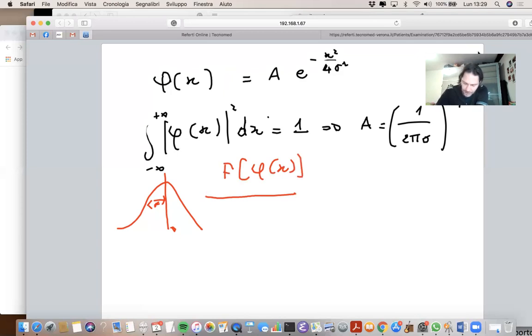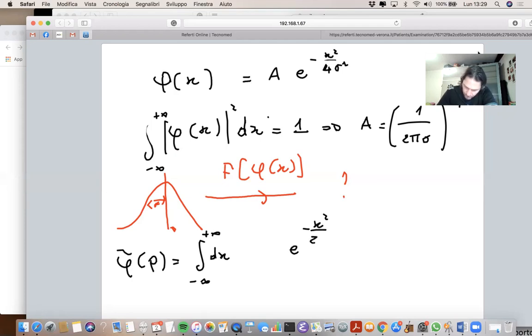Well, let me apply the definition. The Fourier transform will be the integral over full space of e to the negative x squared over 4 sigma, and there would be a phase.